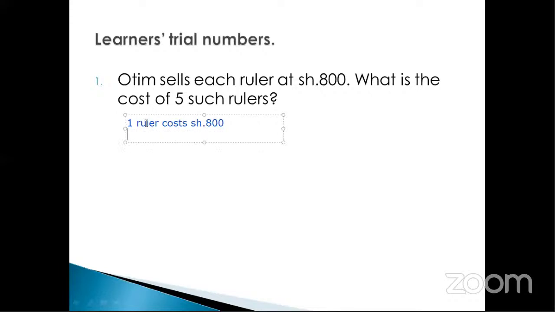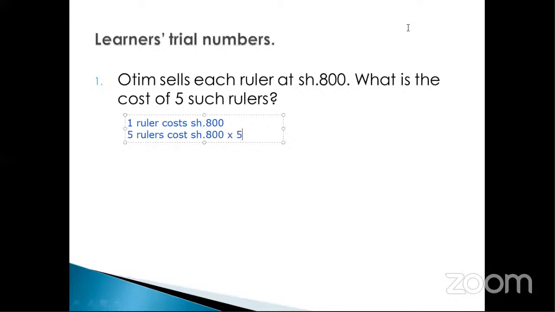Then now you come and say, now they're asking me, how about 5 rulers? Then you say 5 rulers cost 800 times 5.